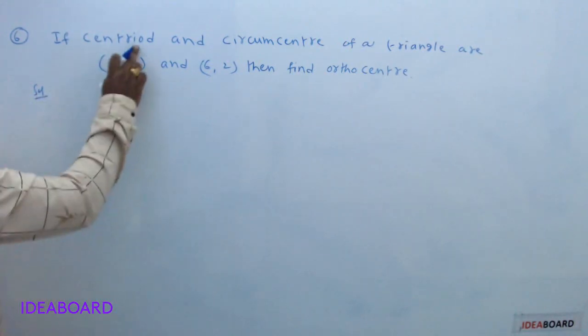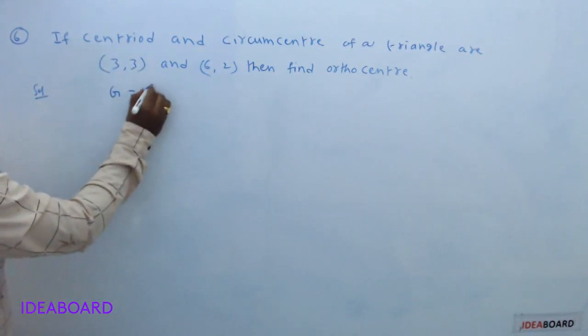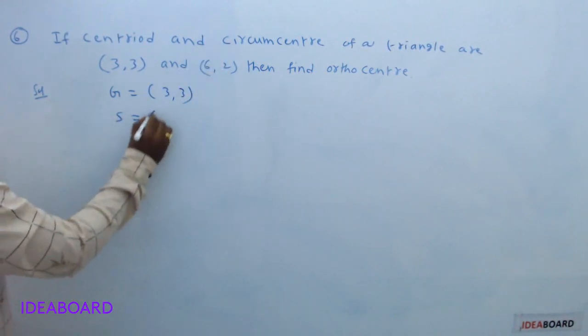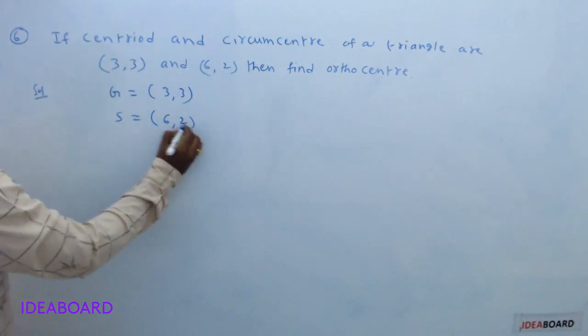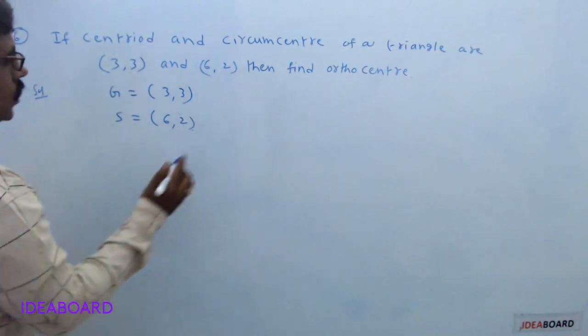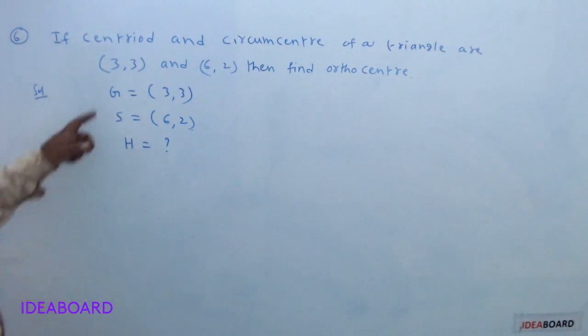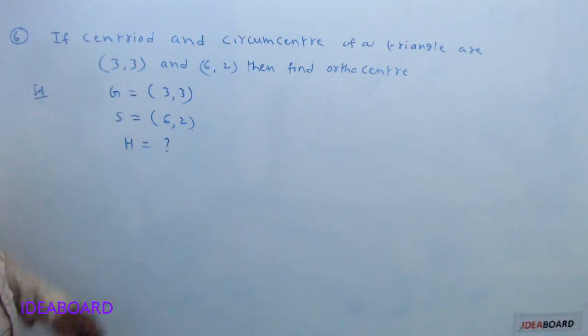First, what are the given points? Centroid G equals (3, 3), circumcenter S equals (6, 2). Then we need the orthocenter coordinates. So G is given, S is given, we need the H point coordinates.